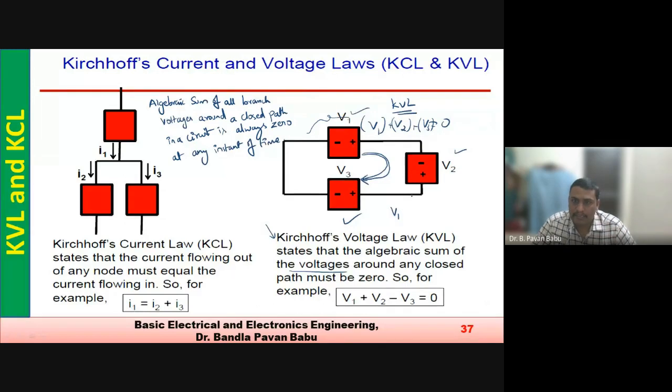Then it enters the next branch, going from minus to plus again, so again there is a potential rise. Coming to the next branch element, it goes from plus to minus, so there is a potential drop. So I can use the polarities, rise minus drop equal to 0, as per KVL. So this is the statement of KVL and KCL.